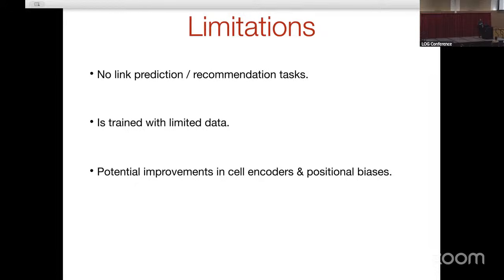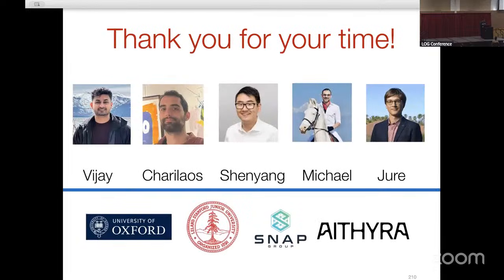And there is also a lot of room for improvement in the cell encoder, adding better cell encoders and better positional biases or graph biases in the model. And with that, I would like to conclude this first, more oral part of the tutorial. I would like to thank you all, and I can take some questions.